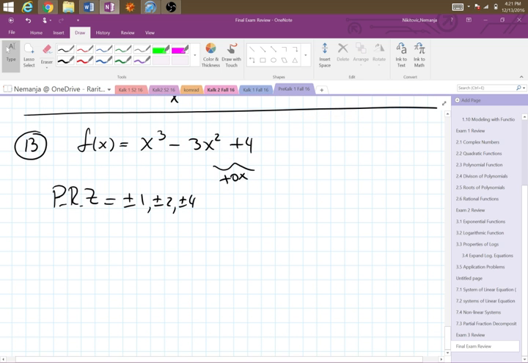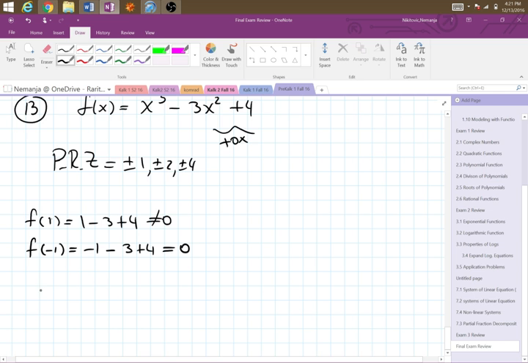And then we start checking. Plug in 1. So f of 1 is going to be 1 minus 3 plus 4, which is not 0. Try negative 1. We get negative 1 minus 3 plus 4. There it is. So we have our division immediately.